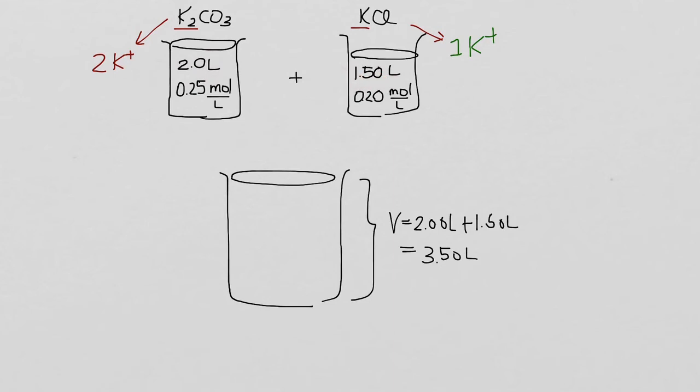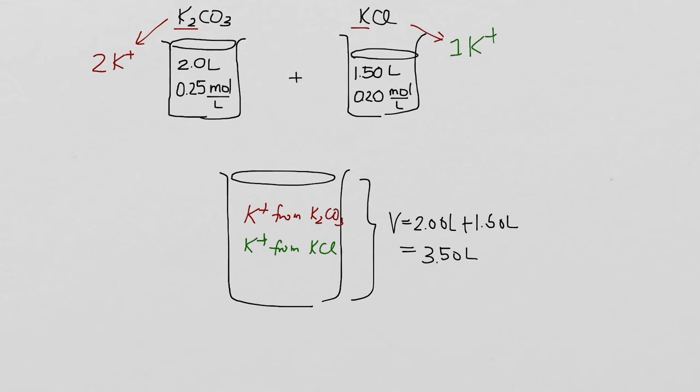And then inside, there will be potassium ions from potassium carbonate. There will be potassium ions from potassium chloride. And we have to consider both of them in our calculation.